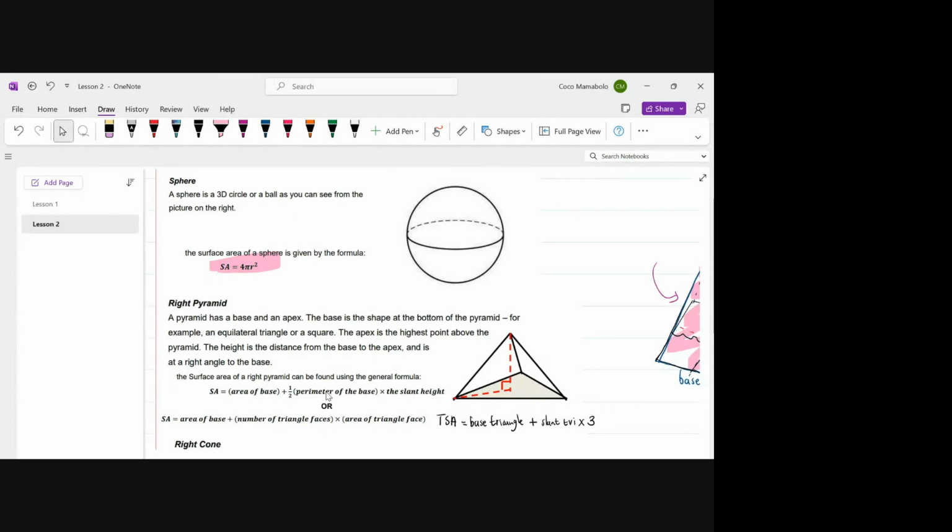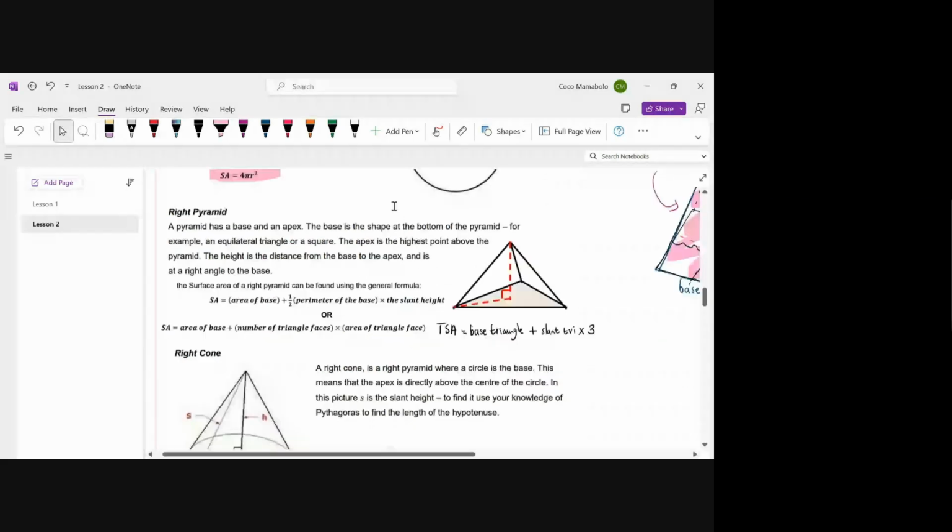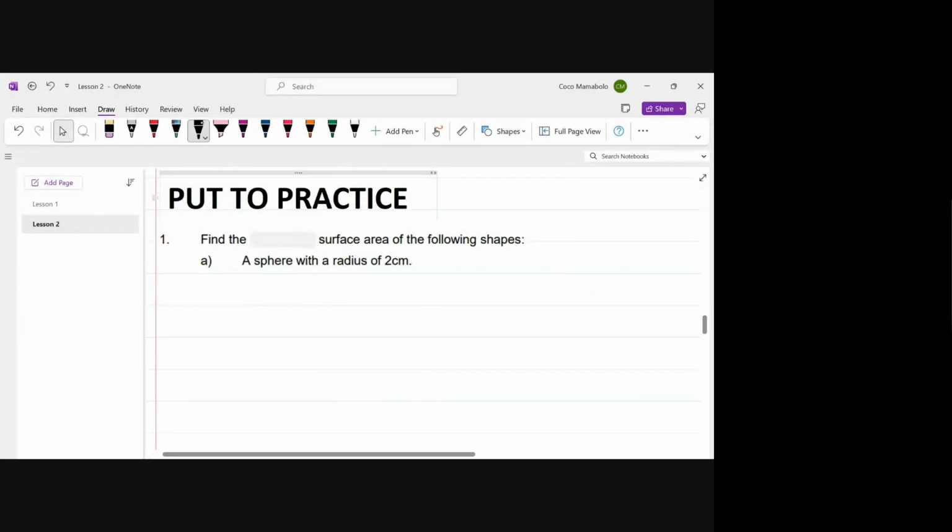But we need to write the formulas down. Let's write it down. Okay, surface area of a sphere. There it is. Okay, let's go back to the question. The surface area of a sphere is 4 times pi times the radius squared. So give me an answer correct to 2 decimal places, please, grade 10s.